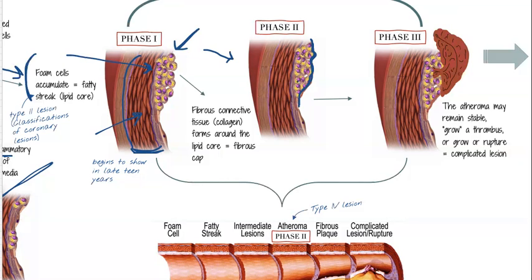So you end up with this lipid core underneath, and then this fibrous collagen cap over top of it. That is your second phase. When that collagen grows up over, that collagen cap is phase 2 of atherosclerosis.